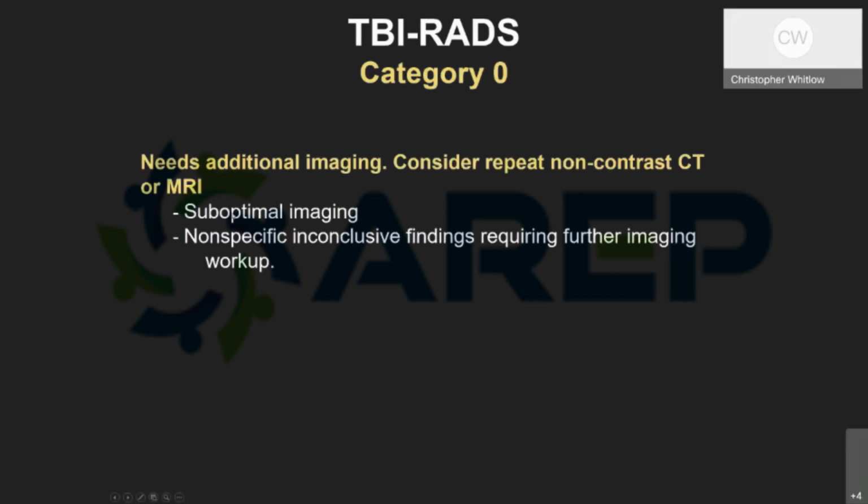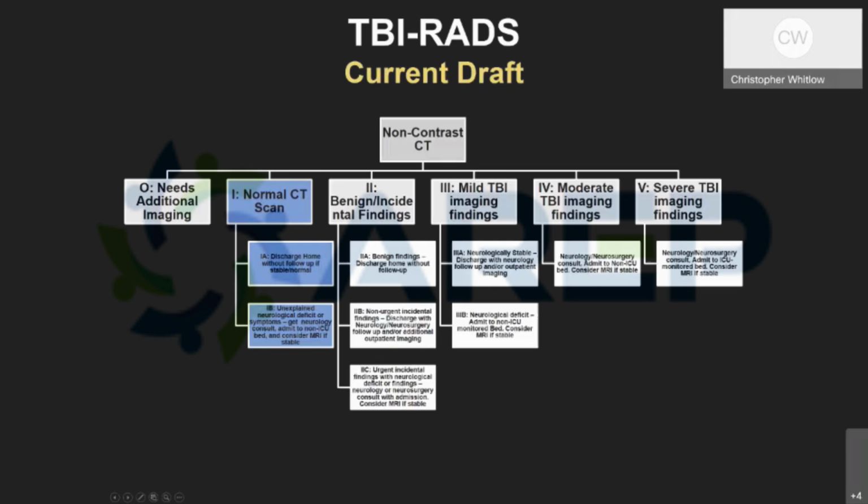That could be in the setting of suboptimal imaging, or non-specific or inconclusive findings that require further imaging workup. So if you saw something hyperdense on CT and you're not sure if it's calcium or blood, or you want to work it out with another imaging modality, that would be category 0.